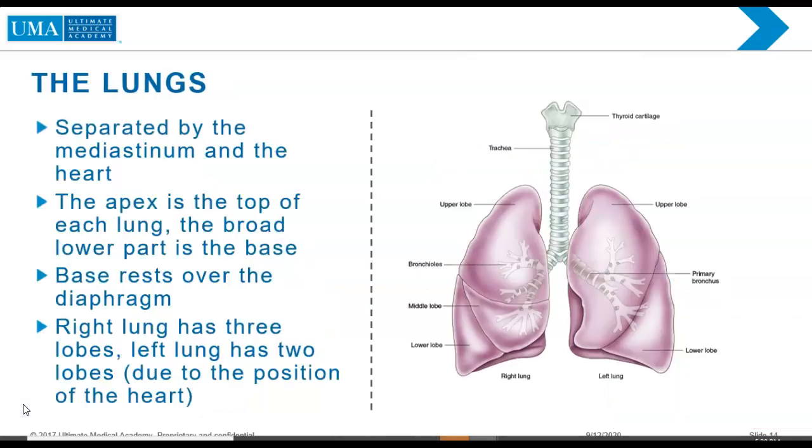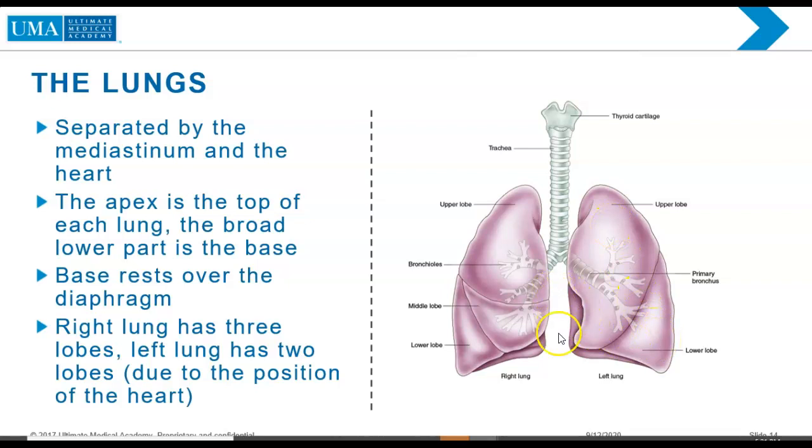The lungs. The lungs are separated by the mediastinum and the heart. Looking here, we have the right lung, which is made up of the upper lobe, the middle lobe, and the lower lobe. On the left side, we have the left lung, which only consists of the upper lobe and lower lobe.